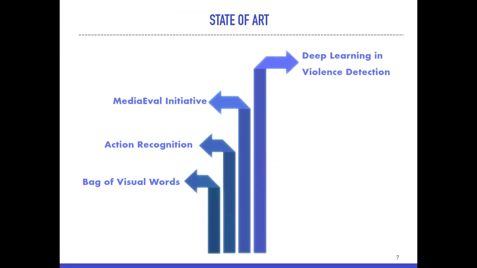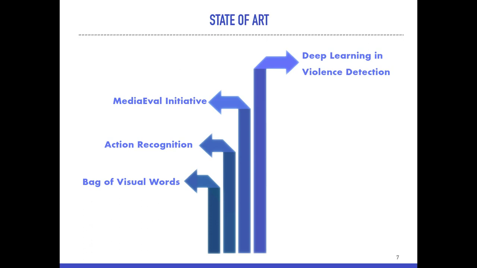Violence detection comes from action recognition studies. The main methods used the old bag of visual words approach. These methods combine several handcrafted features, descriptors of images, to form a histogram of frequencies. And these histograms are given to support vector machines to be classified as violent or not.